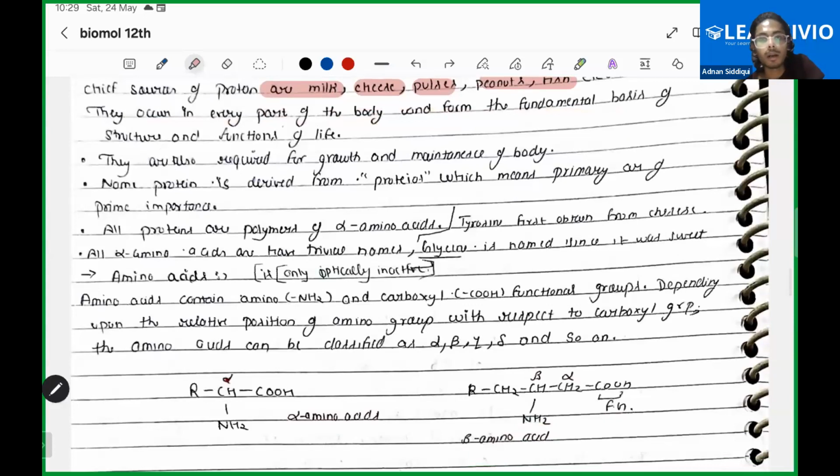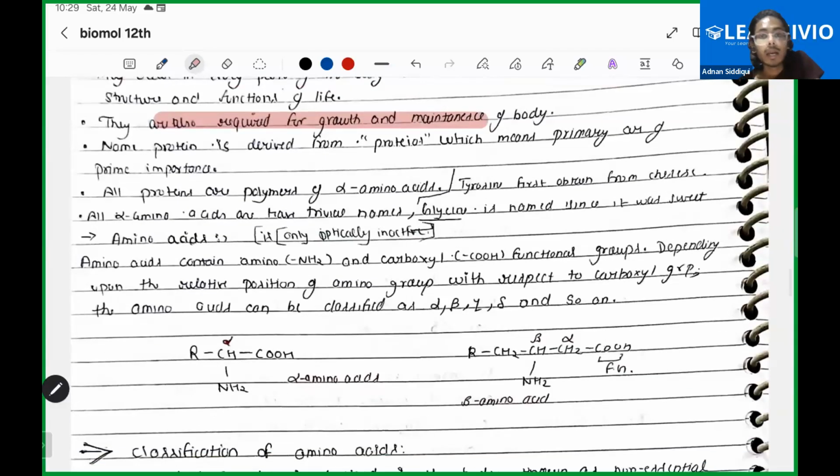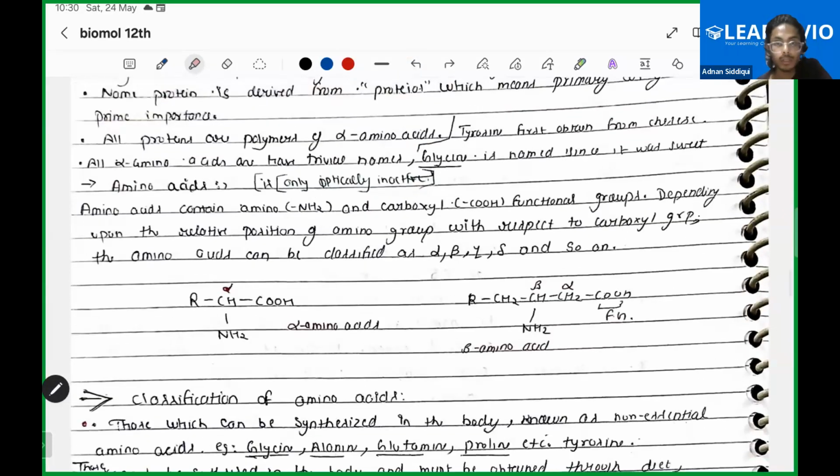They are required for growth and maintenance of body. The name protein was derived from the word proteios, which means primary or of prime importance. You don't need to learn this. Just a point.